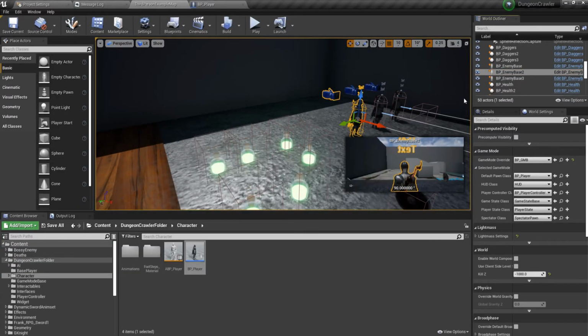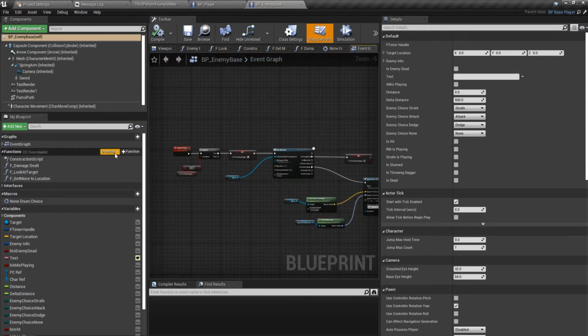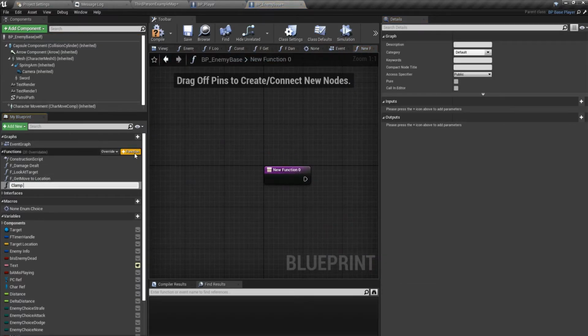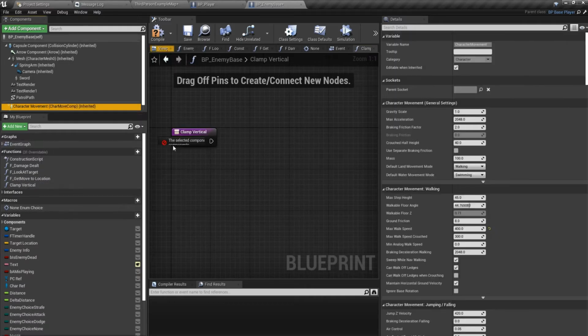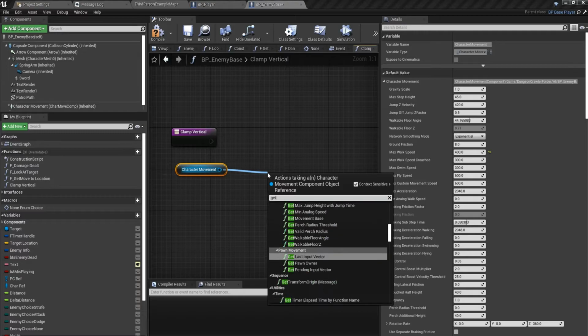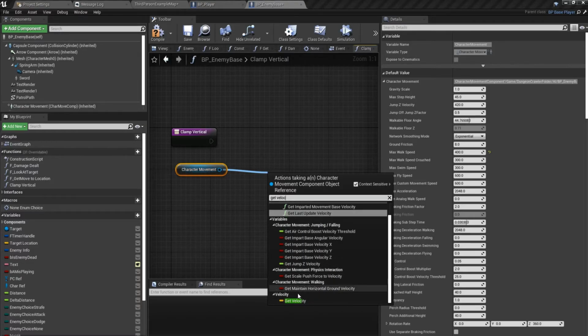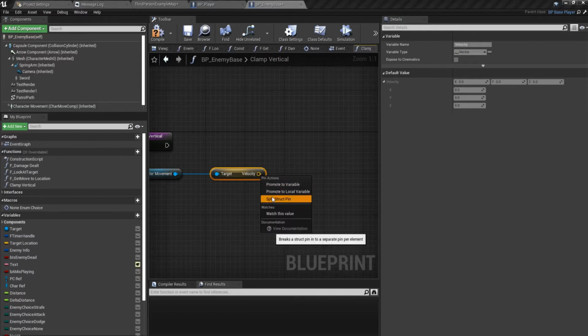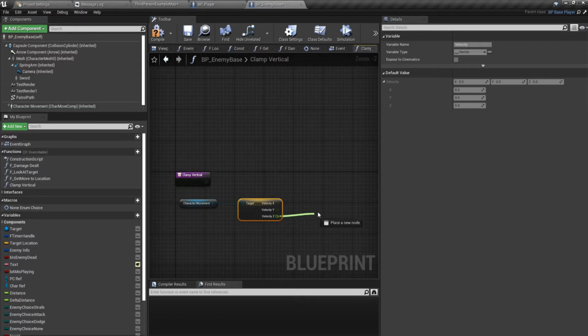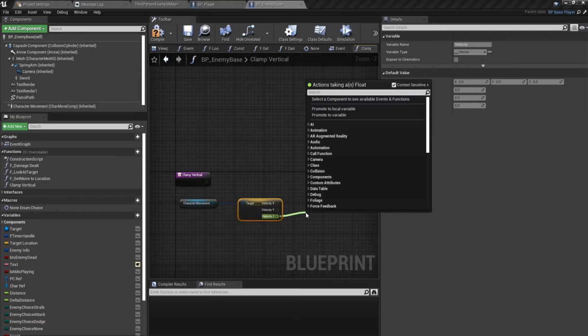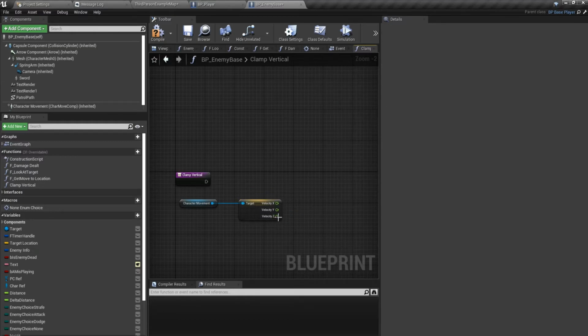Now let's go to our AI, and over here we'll clamp the Z. So this would be the vertical. I'll get the character movement, I'll get velocity from here, and split the struct, and in the Z I'll get, actually I can just get it from here.